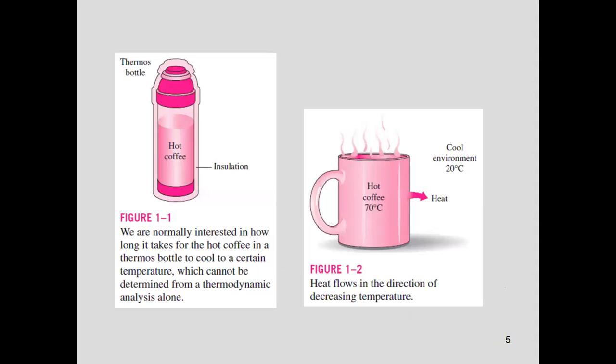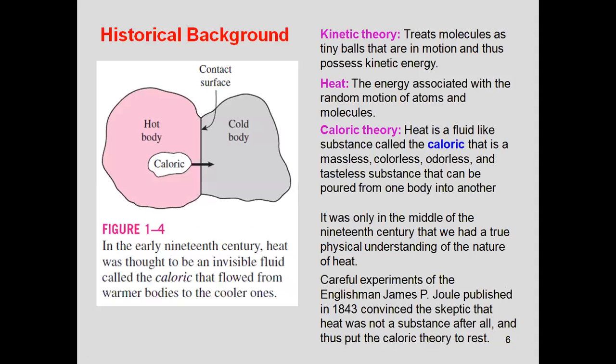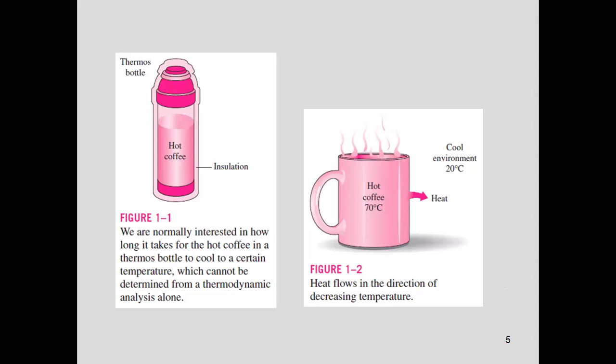We have taken two examples here, as I have already defined the different types of system. If I talk about this picture, a hot cup of coffee having a temperature of about 70 degrees centigrade is an open system.